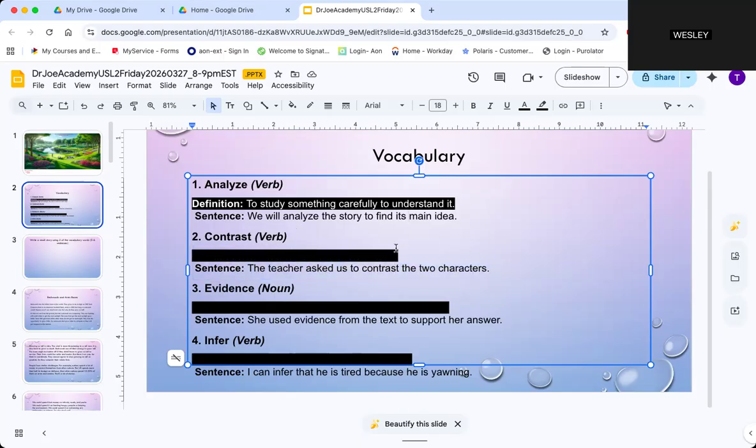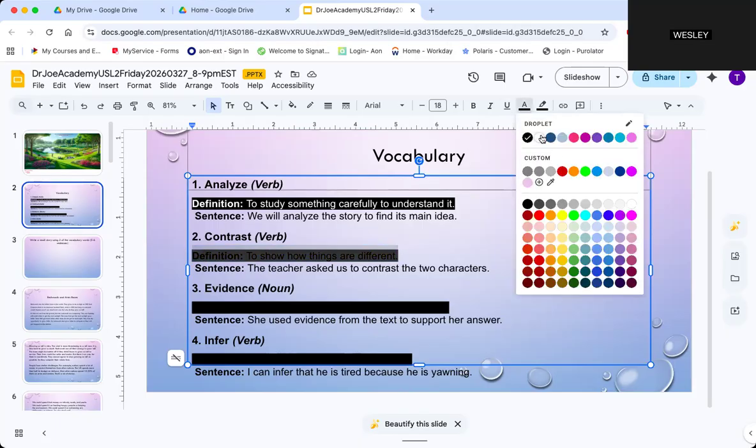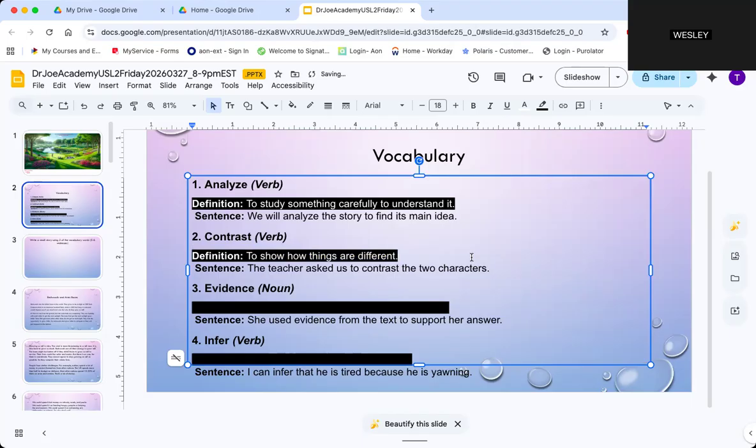Close. It's to show the opposite. It's to show how things are different. So compare means to find similarities, find things that are alike. Contrast means to show how things are different. Do you understand?